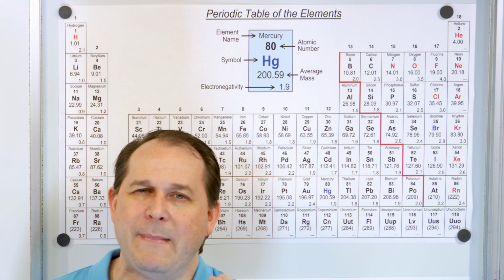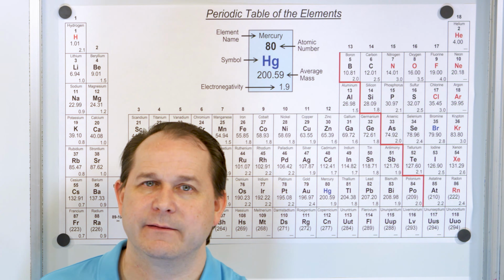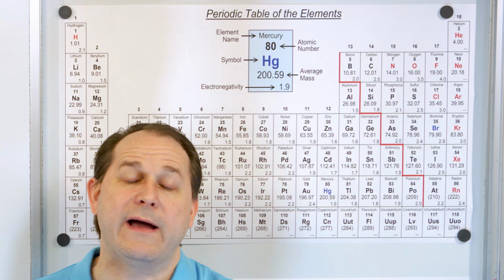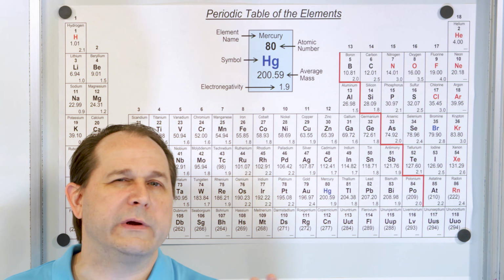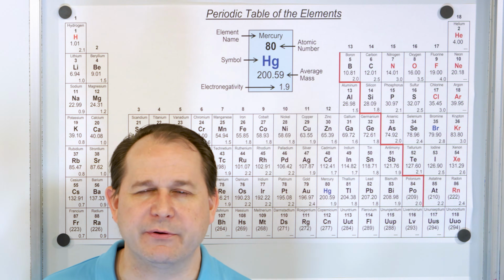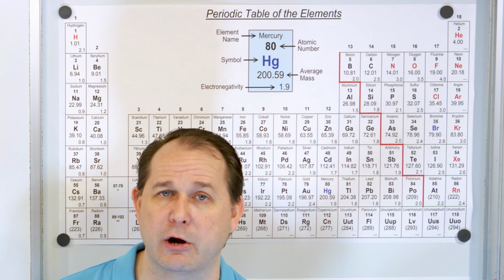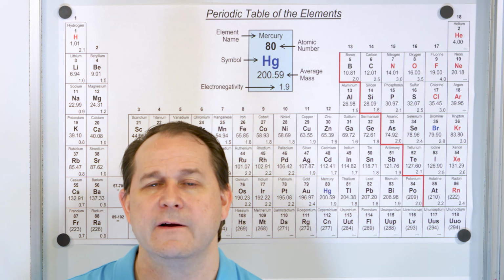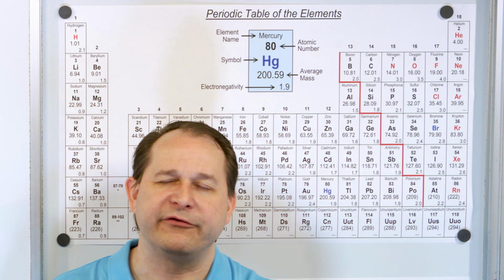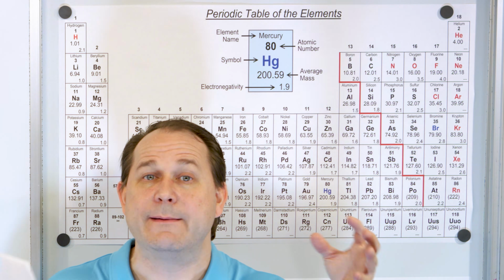Neutrons do contribute to the mass of the atom, but they don't have any charge. So neutrons don't really participate in chemistry. They're very important for nuclear reactors, when you try to break apart an atom or fuse atoms together. But neutrons don't have much at all to do with chemical reactions.